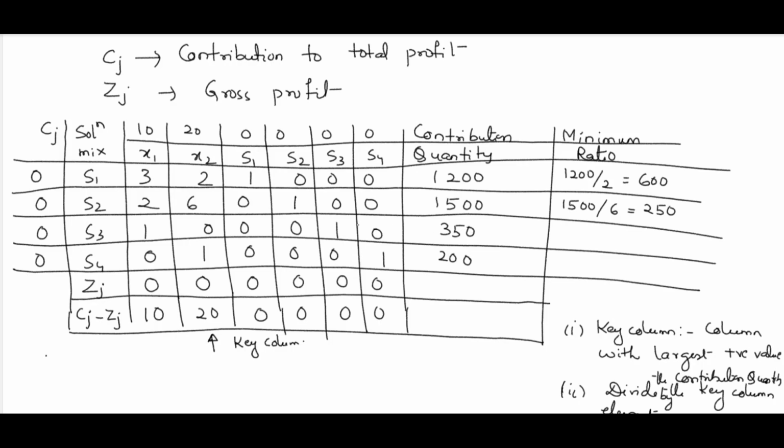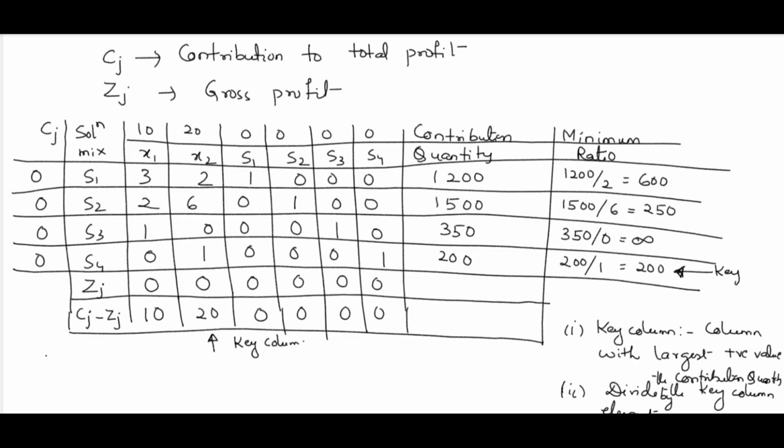Then 350 divided by 0, it is infinity. Then 200 divided by 1, it is 200. So now we have determined the minimum ratio by dividing the contribution quantity by the key column element of that row. Now we have to choose the smallest one out of these, and you can see that the smallest is 200. So this is the key row.